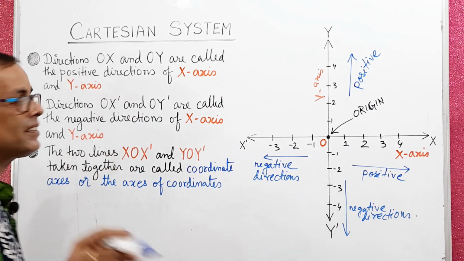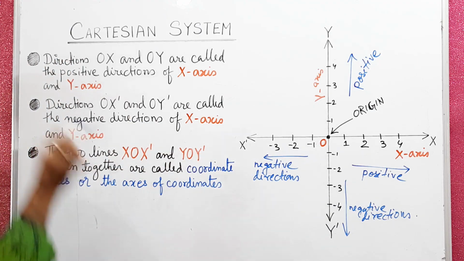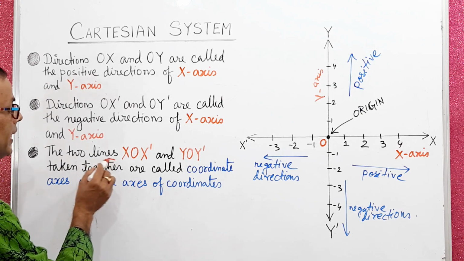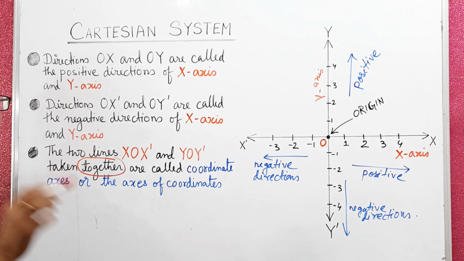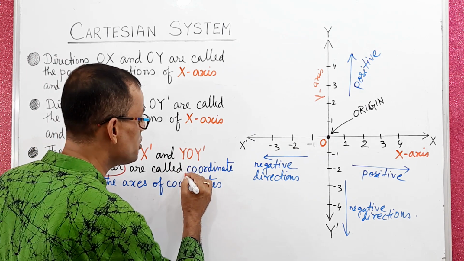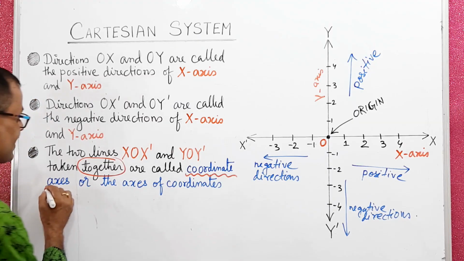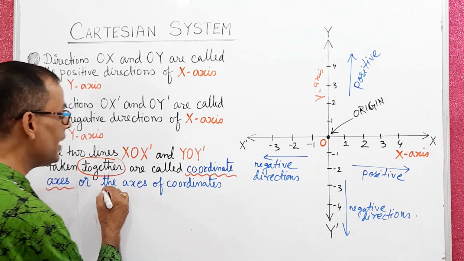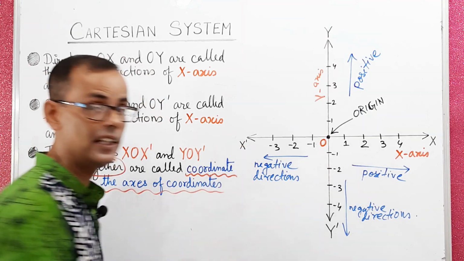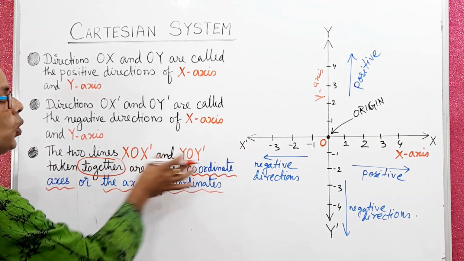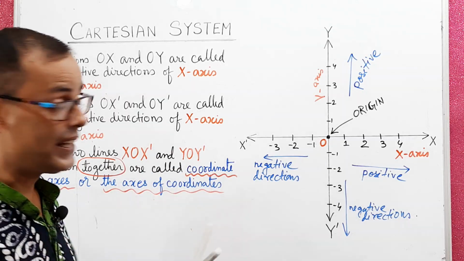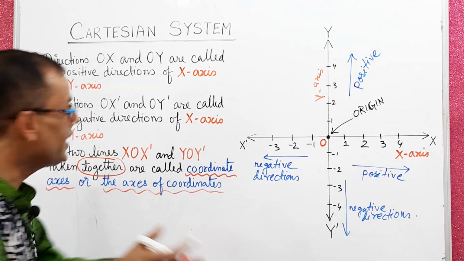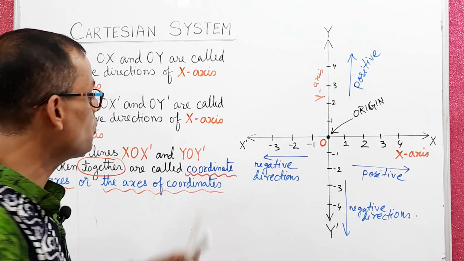If we take the X-axis and Y-axis together, collectively, then they are also called coordinate axis. They are called coordinate axis or the axis of coordinates.